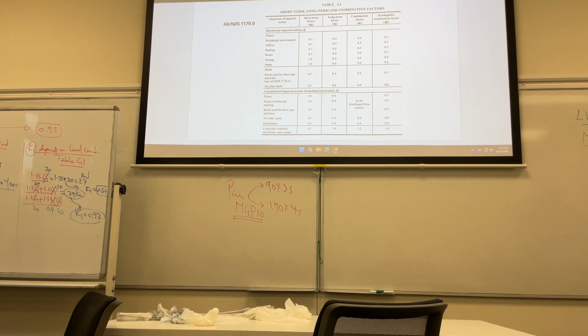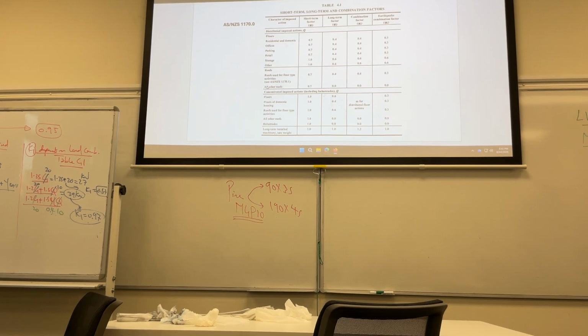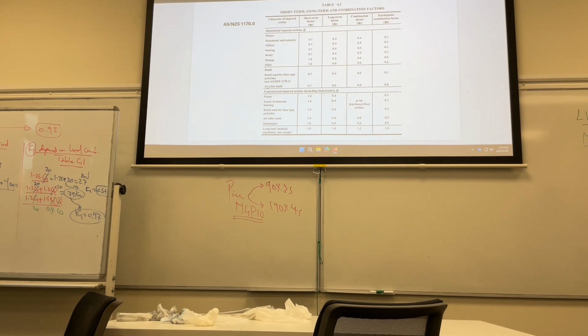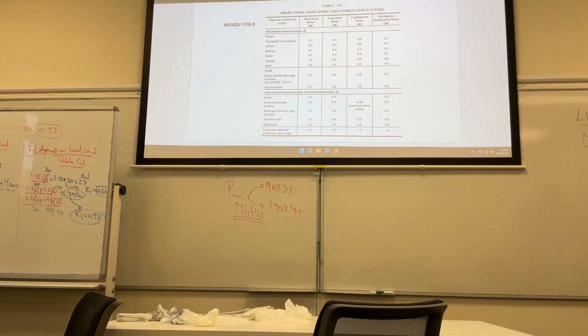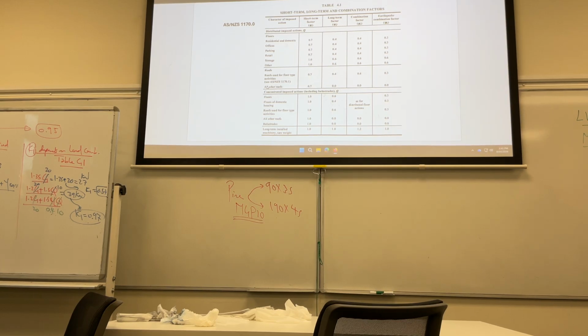Right? Load of domestic household. Sorry, 0.4. Right? Oh, sorry. Are you using 0.6?